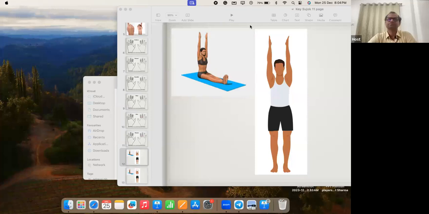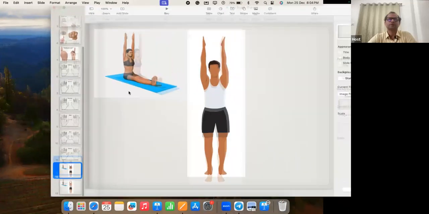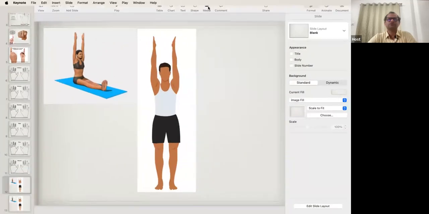Now you have to look at this image. Again, I will repeat. This classification is only useful when you're doing the treatment of the arm and leg.